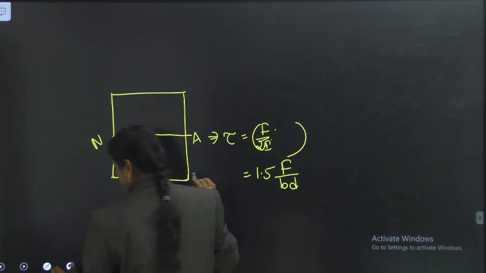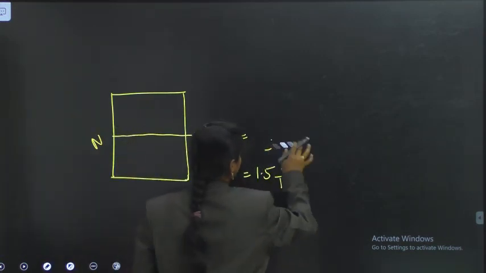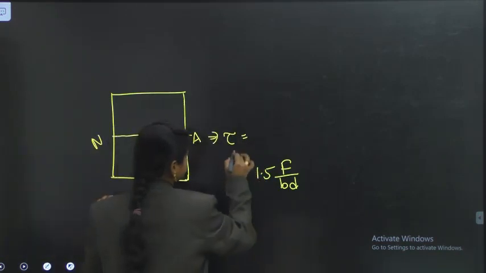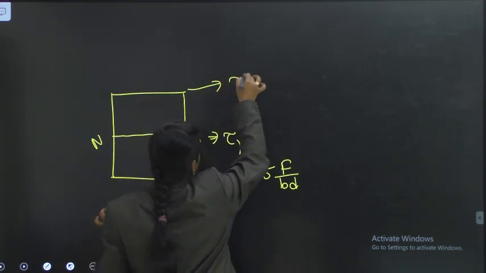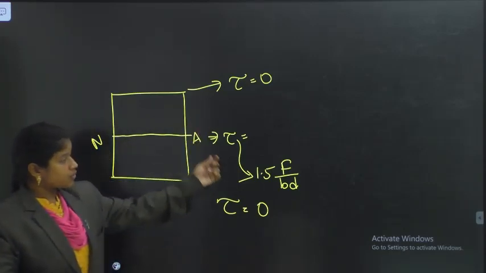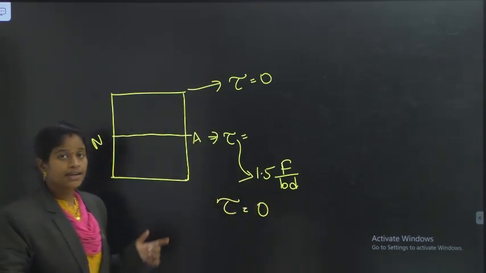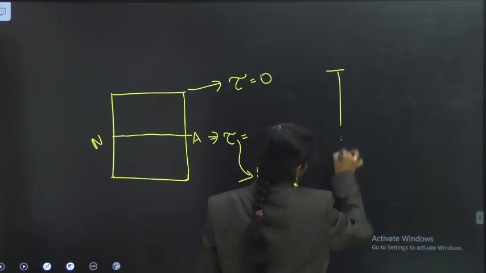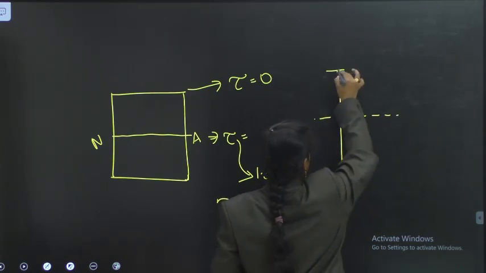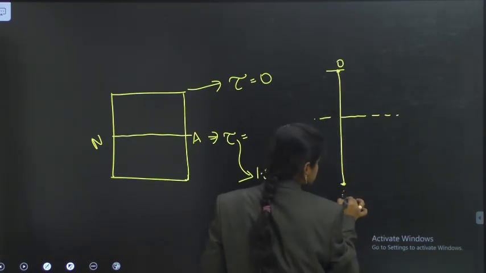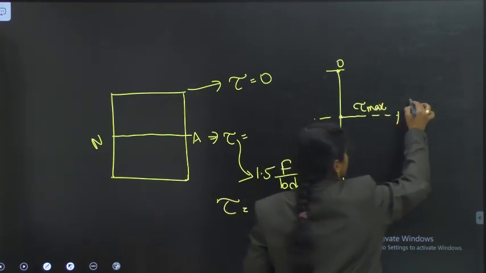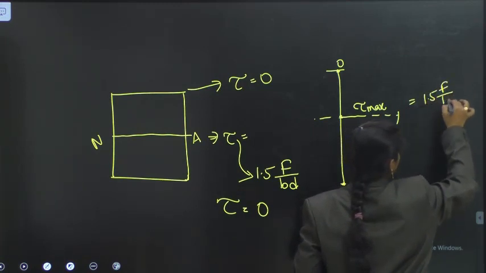At the top edge, tau is equal to 0. At the bottom edge, tau is equal to 0. So, 0, 1.5 F by bd, 0, indicating the variation at the same height as the depth of the beam, and indicating the neutral axis. At the top edge 0, at the bottom edge 0, and at the neutral axis level is tau maximum, with the value 1.5 F by bd.